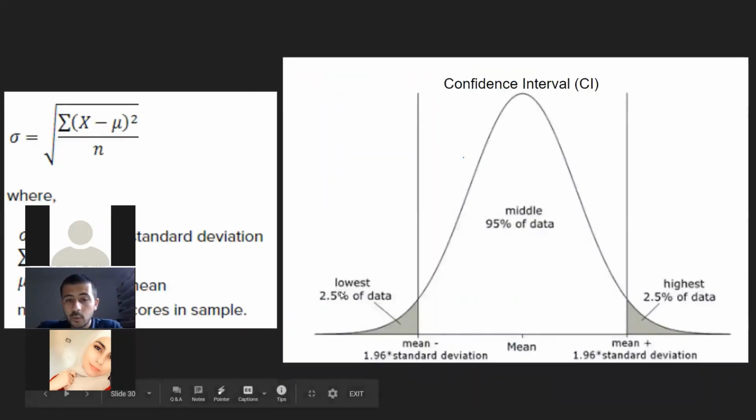So what are those 2.5% of the data? Since I have 95% of the data in my confidence interval, then above the confidence interval I will have half of the rest, which is 2.5%, and lower I will have half of them, which is 2.5%.